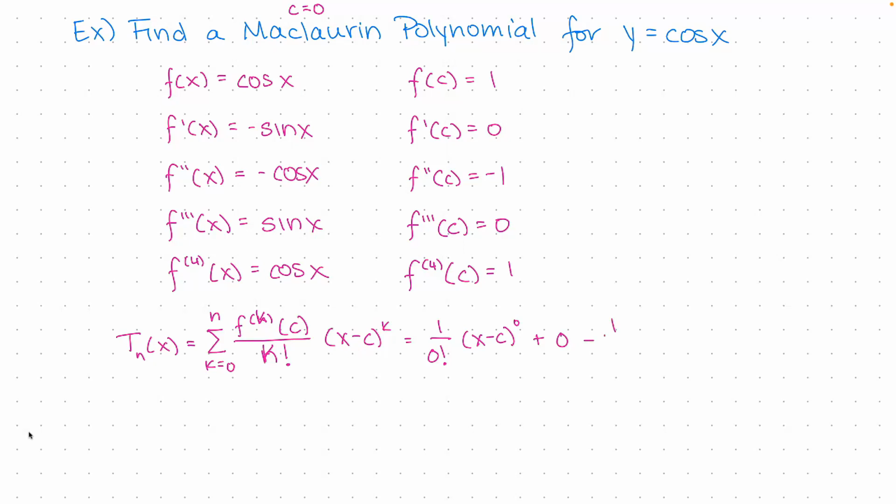Then be plus 0 again. Then plus 1 over 4 factorial times x minus c to the 4th power. So any questions where I'm getting all that from?